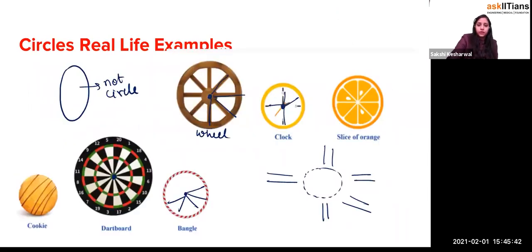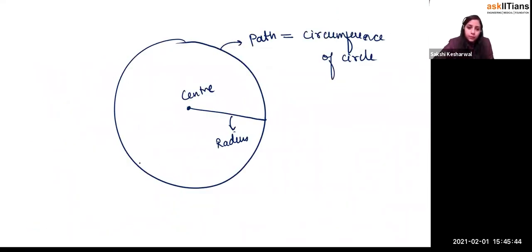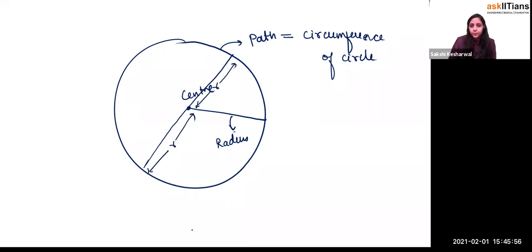If I draw this figure, can I say that this distance is your radius? And this distance is also your radius, right? So diameter is basically a line segment which has its end points on the circumference of the circle and passes through the center.